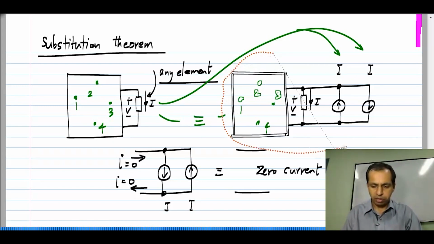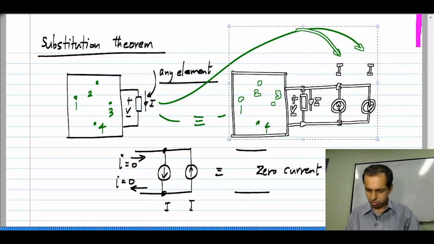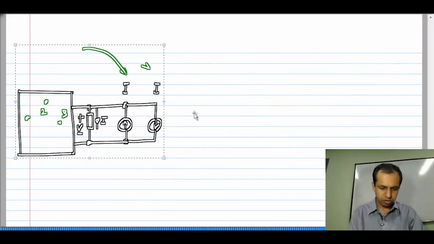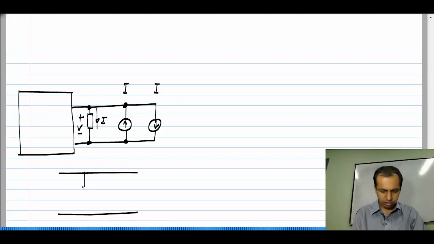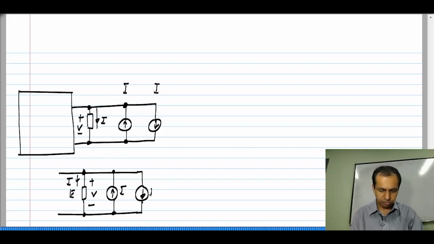Now, let me take this and manipulate it further. What I will do is, I have these three elements in parallel. I have this element E, let me call it. It has a voltage V and a current I through it, and I have this current source this way and a current source that way.